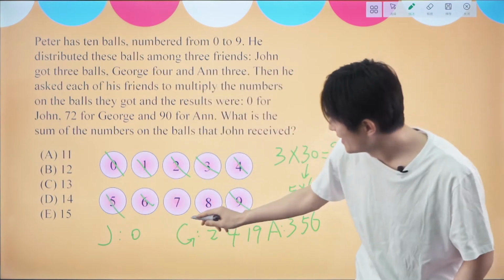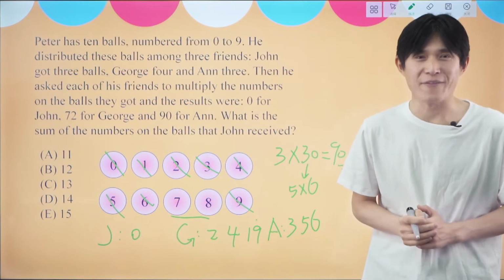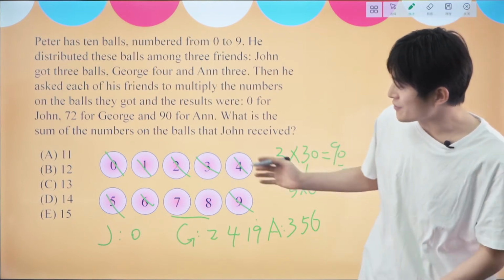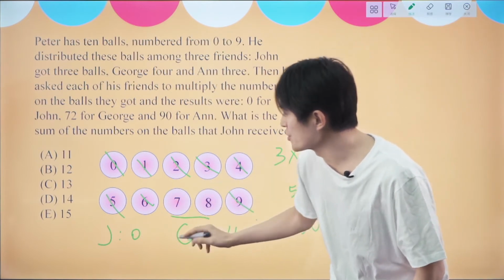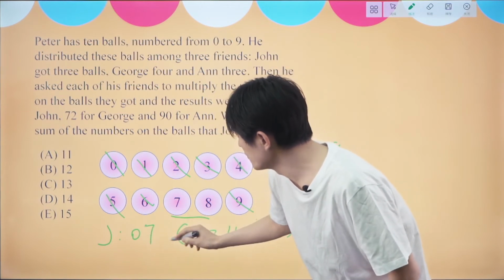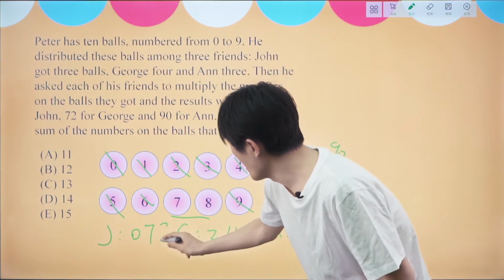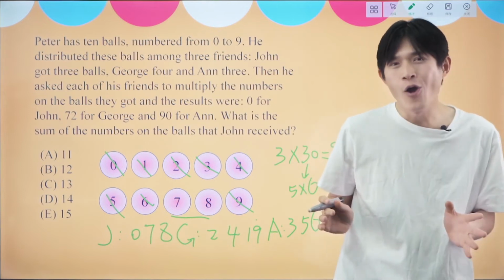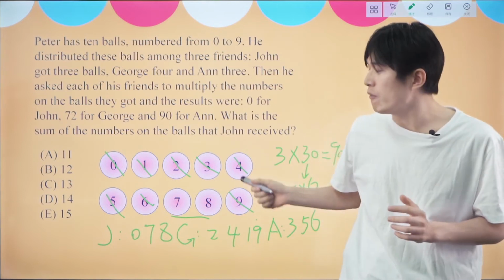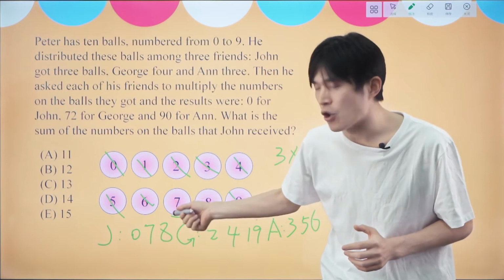In the end, we have 3 numbers left, and John must have those numbers. So John will have 0, 7, and 8. And now we need to know the sum of all the numbers from John.